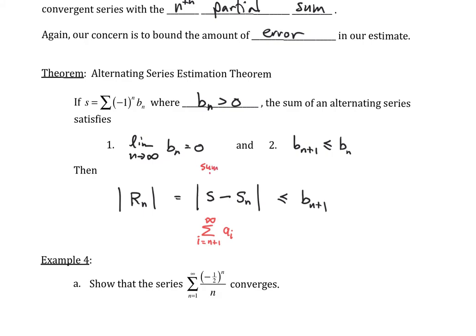This Sn is the sum of the first n terms, as i goes from 1 to n of the ai, and those are alternating. And then this difference between those, in absolute value, is the infinite tail, which is also the error.